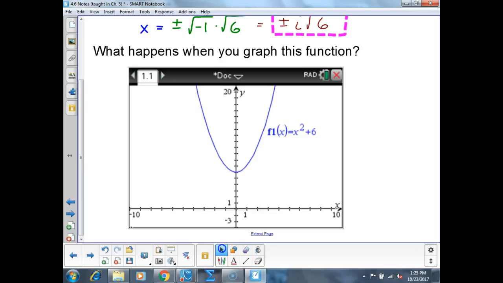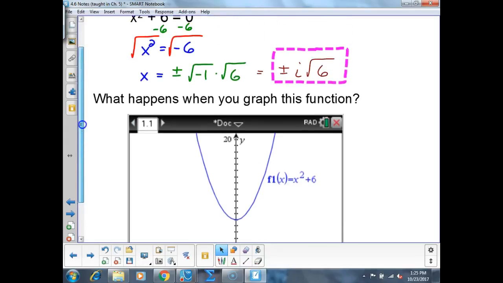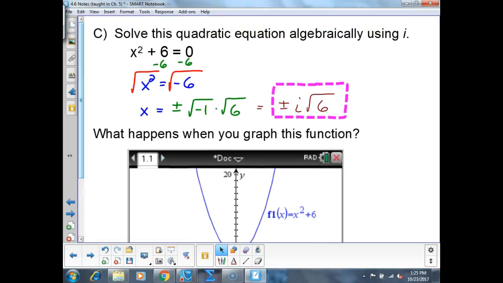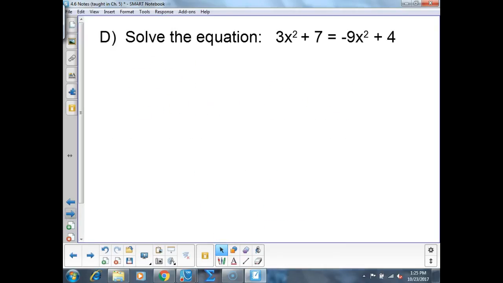They are x-intercepts. This function does not cross the x-axis. So we need to come up with a solution. Because the degree is 2, we've got to have 2 answers. They just happen to be imaginary answers. Okay? So, solve that equation for me, please.